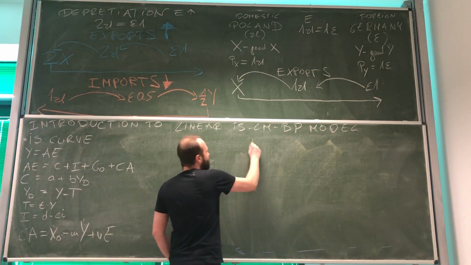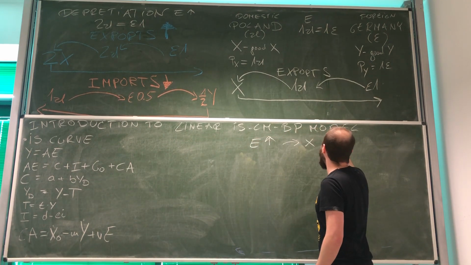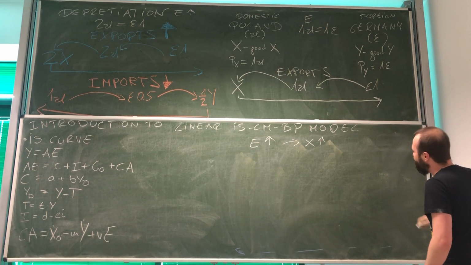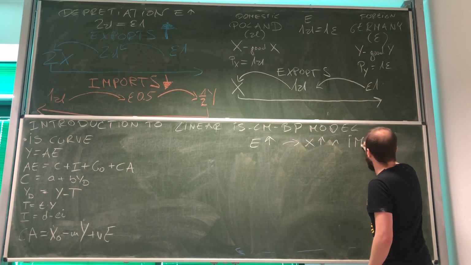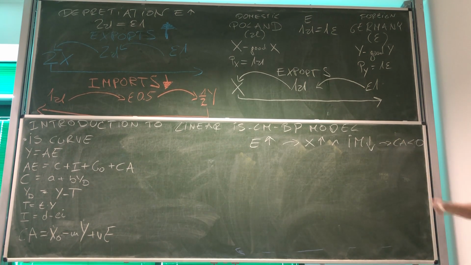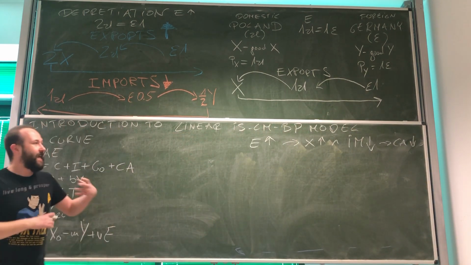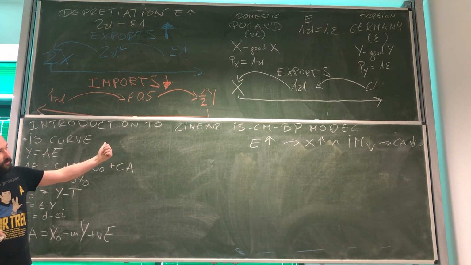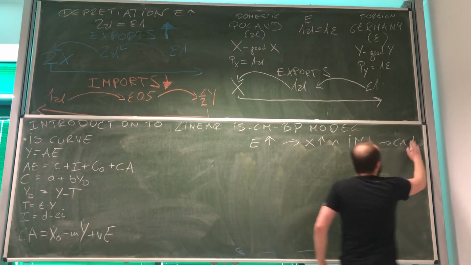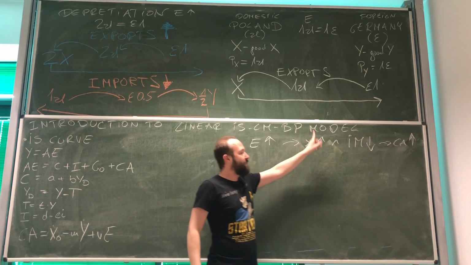Every time our currency is depreciating, we should expect exports to go up, imports to go down, and this, of course, will cause the current account to improve, meaning that we are selling more and buying less.